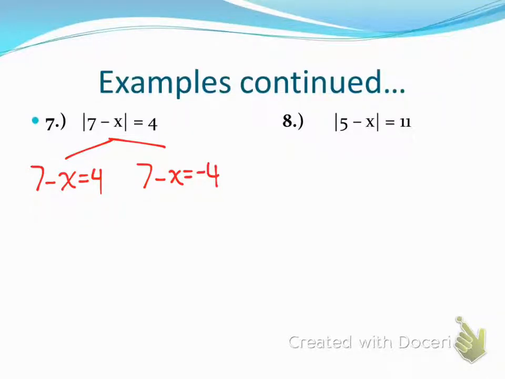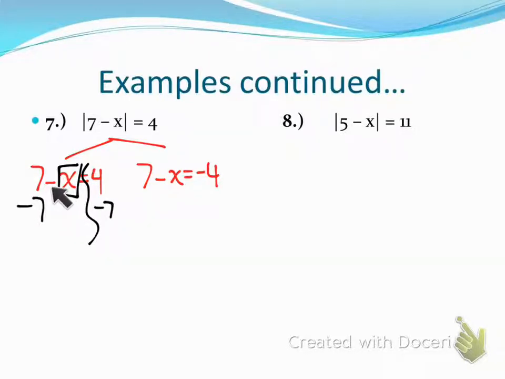Then I have to solve these. These ones are a little bit trickier to solve. I'm trying to get this x by itself. Can anyone tell me what I should do, Keon? Very good. Subtract 7 from both sides.